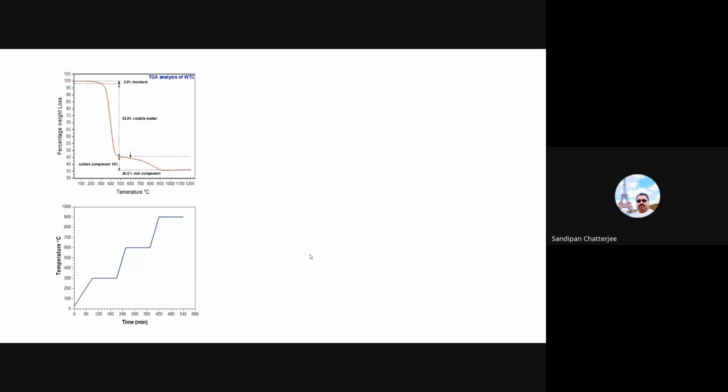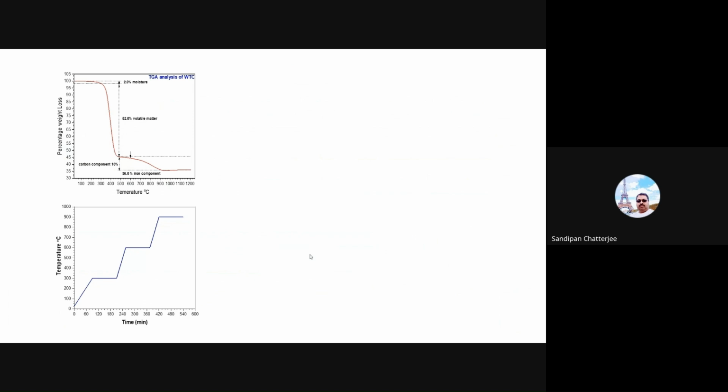First, we did a thermogravimetric analysis of the waste toner. Initially, after a 2% loss due to moisture, we observed a huge loss of 52% of the material at 300 to 500 degrees centigrade, which is mainly due to decomposition of the styrene acrylate copolymer. Then it drastically slows down the decomposition, and finally it shows a weight loss with 36% remaining, which is due to the presence of iron component.